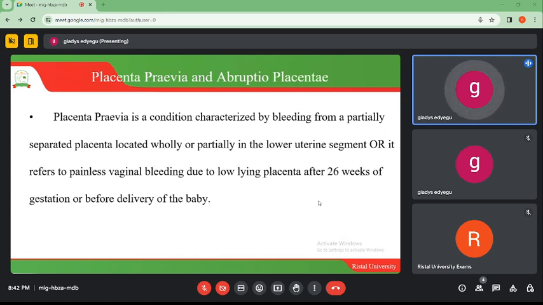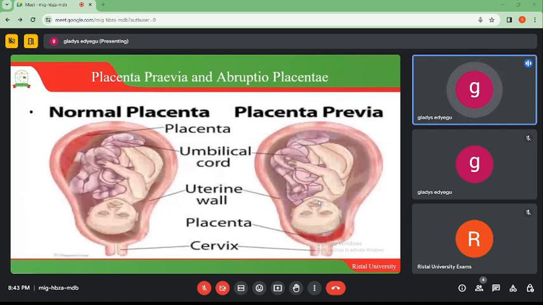So the placenta is located at the lower segment of the uterus, and when the time comes when there is dilatation of the cervix, it can cause tearing or separation of the placenta, and this can cause bleeding before the baby is born.